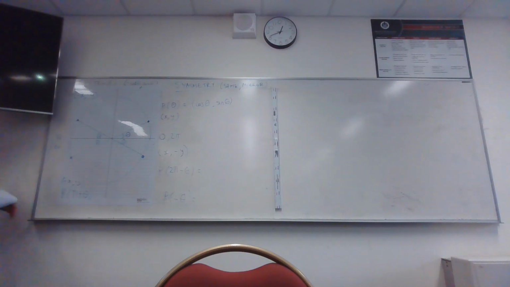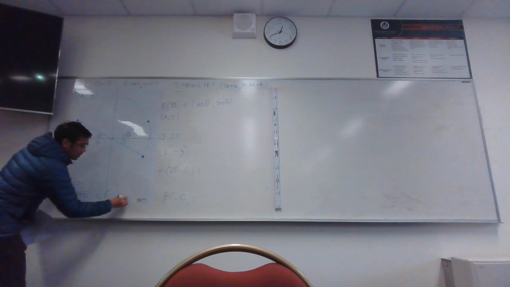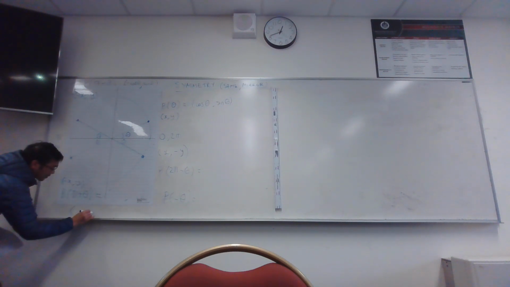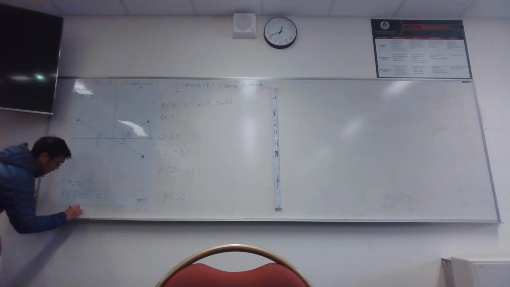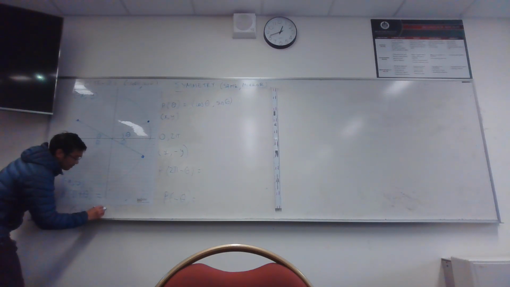Down here, pi plus theta. Let's write it down here. Zaid, what do you think our cosine and sines would be when we're down here, with these as a clue? Negative x and y. A negative cosine and a negative sine.